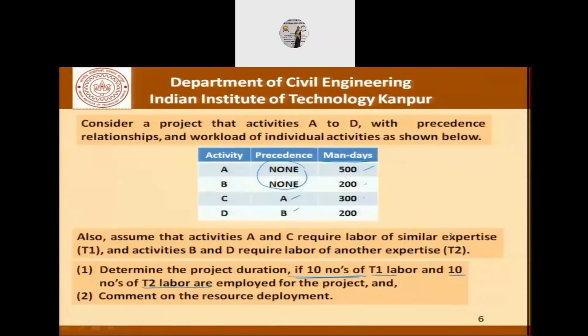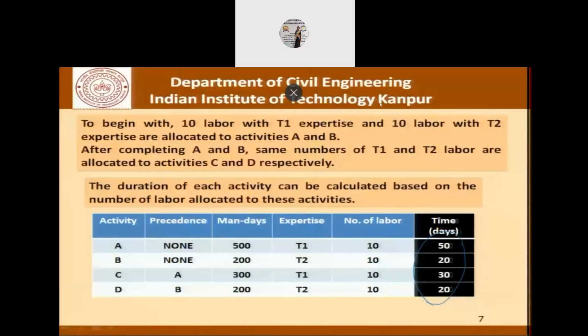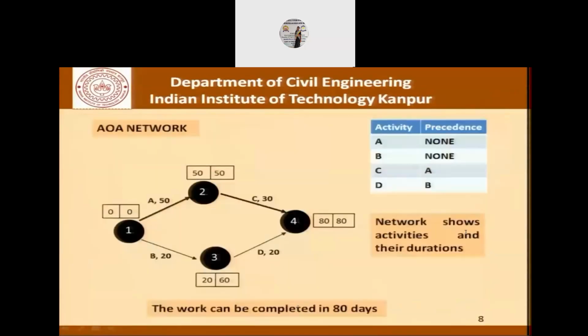Once we assume that there are 10 workers with T1 expertise and 10 workers of T2 expertise available to us, we can find out that the time required is 50 days for activity A, 20 days for activity B, 30 days for C, and 20 days for D. This is nothing but this number here, which is divided by the number of laborers. Now, what this assumes is that the availability of labor, whether it is T1 or T2, is constant over the entire duration of the project.